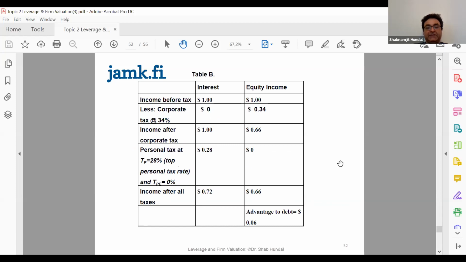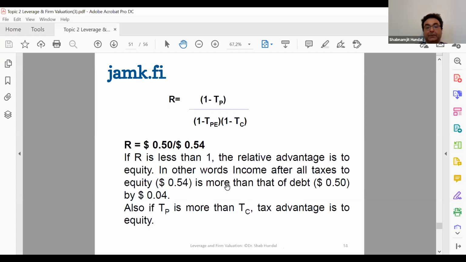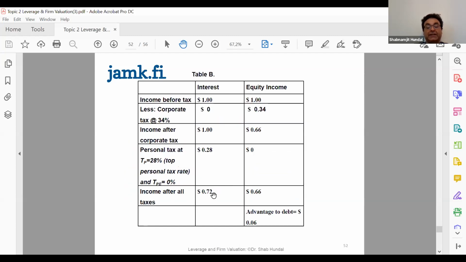In this example, it's still 0%. But at the end of all the taxes, in the previous example, the equity holder was having 4 cents more than the debt holder. But in this example, the debt holder is getting 6 cents more than the equity holder, even though the personal income tax rate on equity is still 0%.